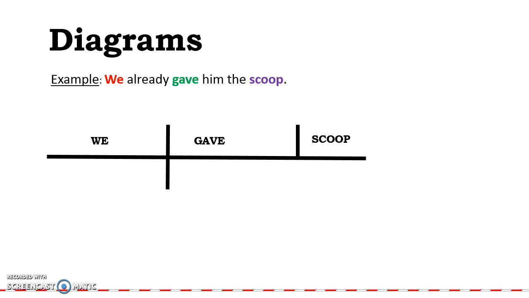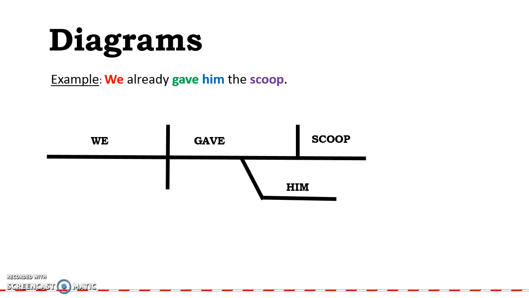And then ask, who is being affected by this action. What is the indirect object? Him. So here I put him on a horizontal line from a descending diagonal line beneath the verb.